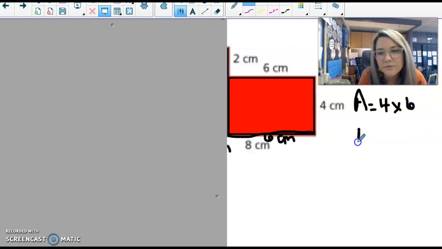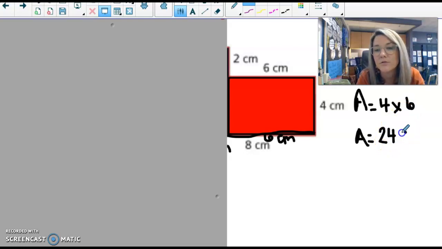Okay, so 4 times 6, I know that 2 times 6 is 12. And if I had another 2 times 6, that would be 4 times 6. So 2 times 6 equals 12. 12 plus 12 is 24. You could also skip count. 6, 12, 18, 24 square centimeters.